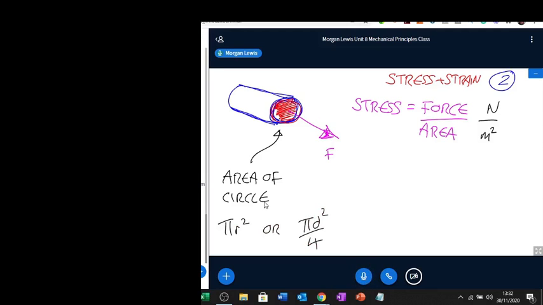It's up to you. If I give you a diameter which is 10 mil, you've got to convert it into meters first, though. So you need to divide it by 1,000, because 1,000 millimeters equals 1 meter.